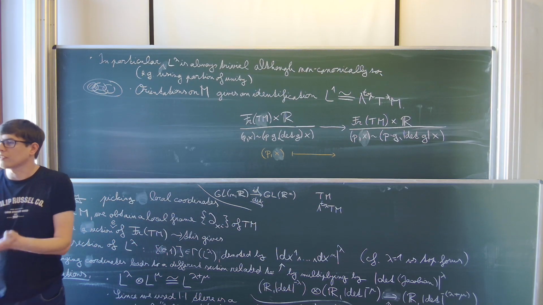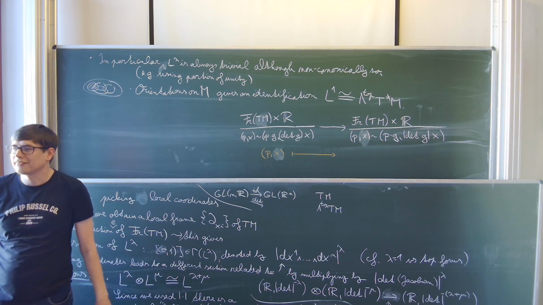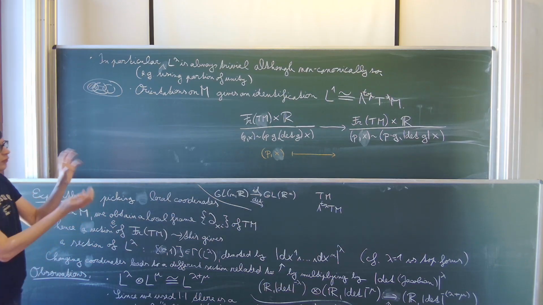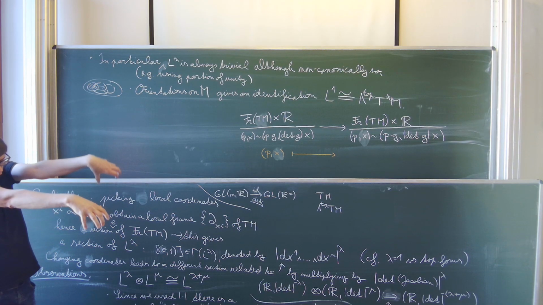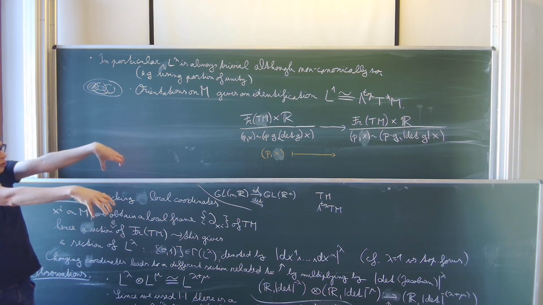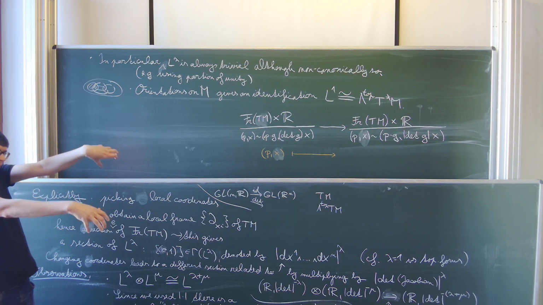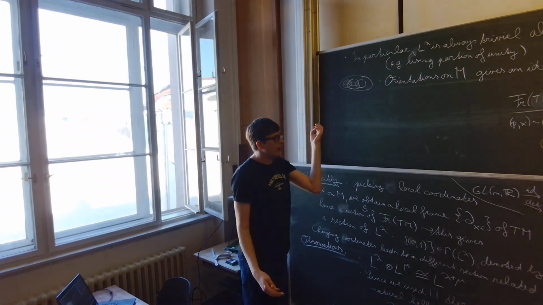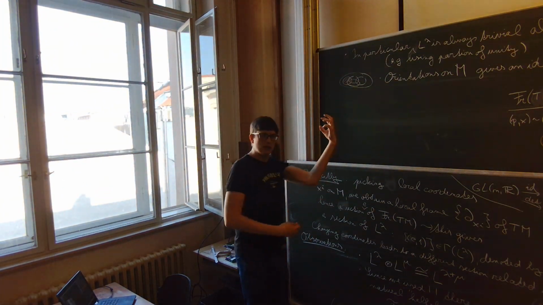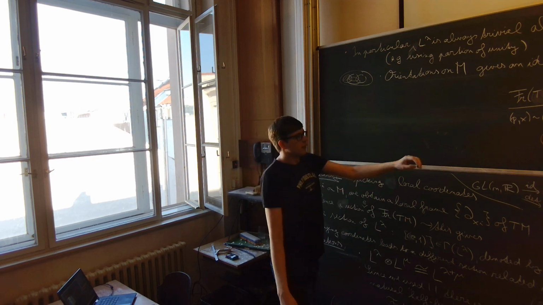Orientation means that at every point I pick one of these and I make it consistently along the manifold. So at each point I know what my left-handed frames are and what my right-handed frames are.